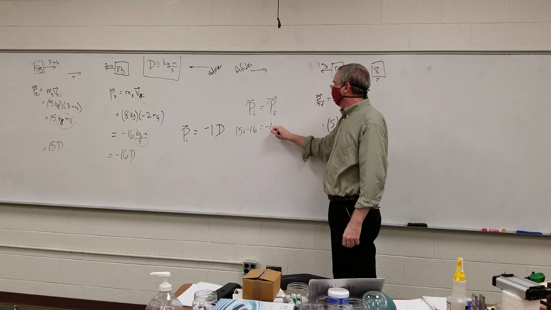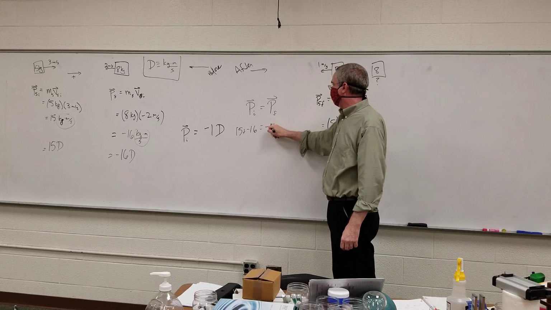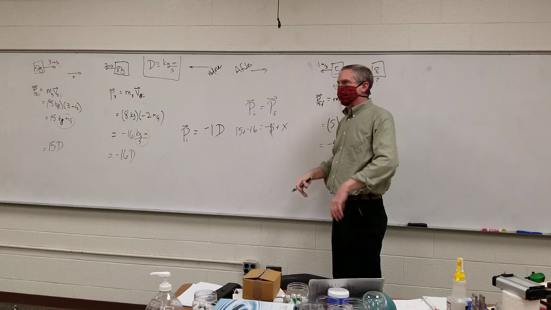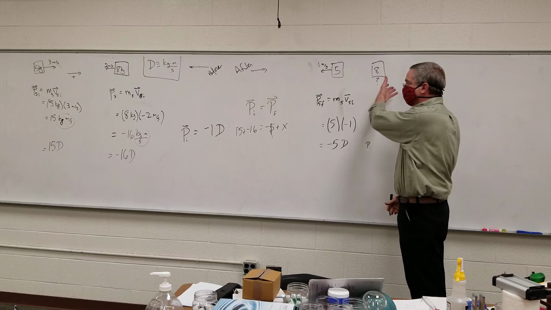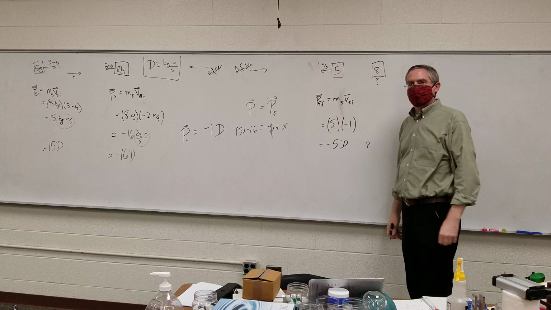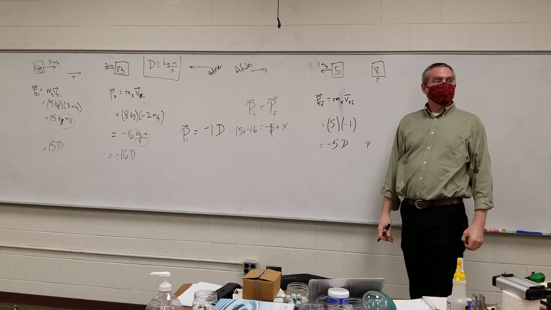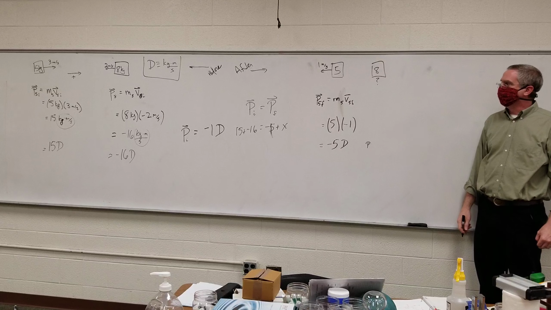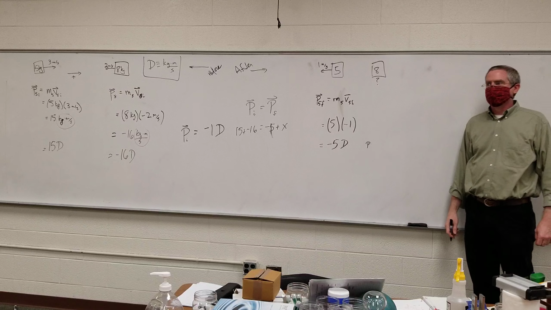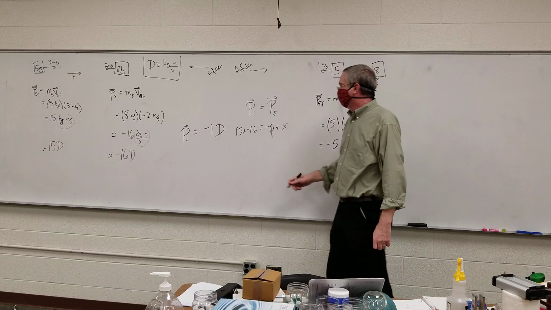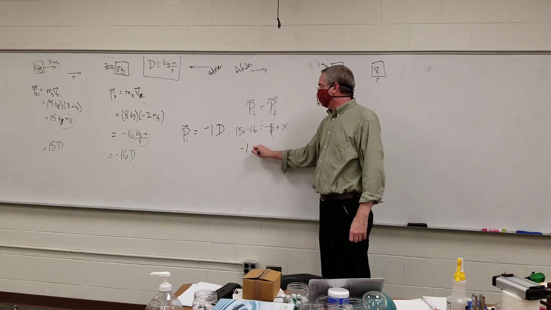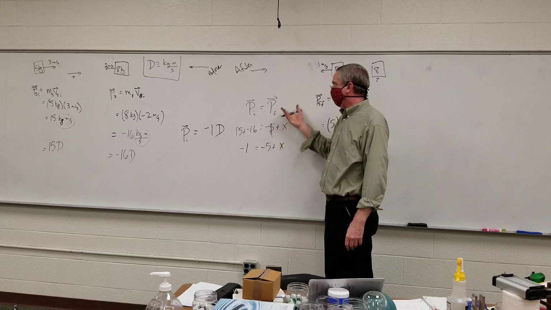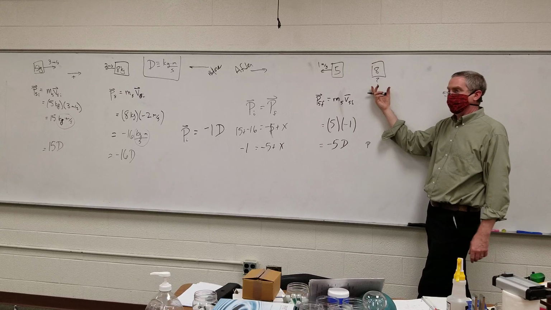Afterwards, I have -5 plus x, my unknown. My total before is -1, my total after has to be -1, and that's -5 plus whatever my unknown is here.